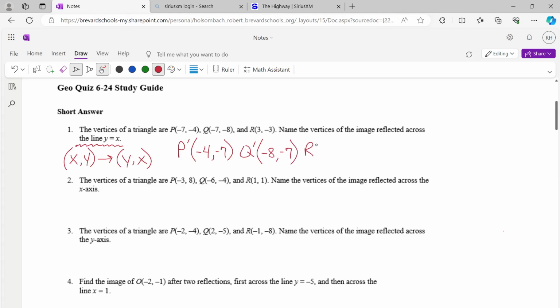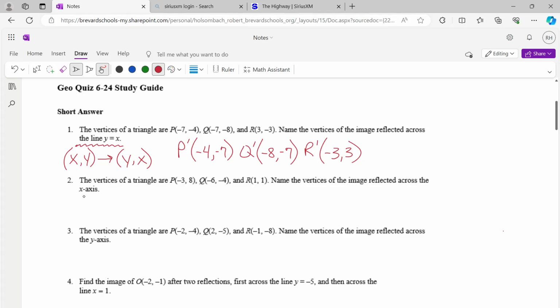And R prime will be located at -3, 3. All right, you take the x from the pre-image, you make it the y of the image. You take the y from the pre-image and you make it the x of the image. Good? Just switch the coordinates.